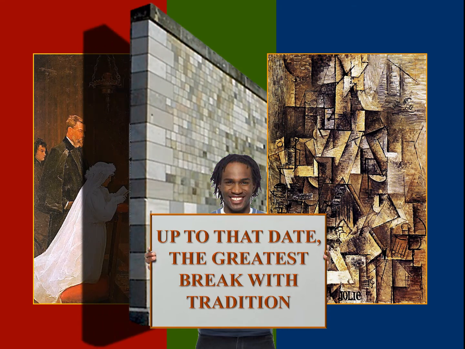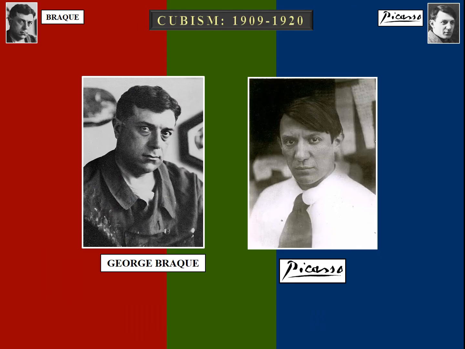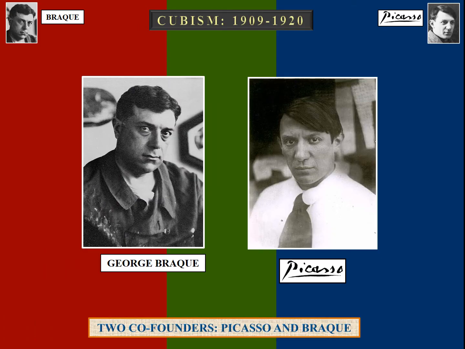It really is a definitive separation from the rules and expectations of image making that had dominated up till the time of Cubism. There are two founders that invented Cubism together, Georges Braque and Picasso.